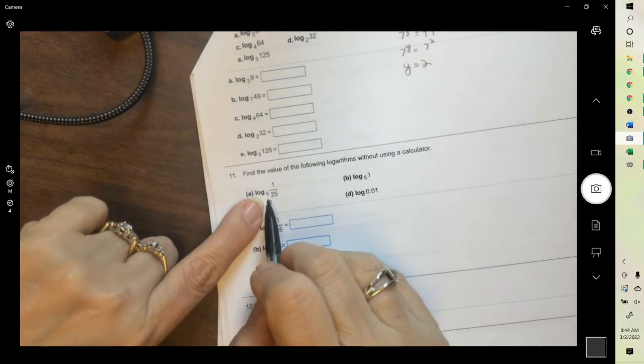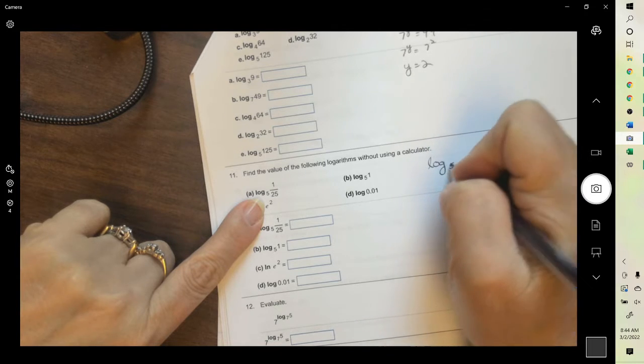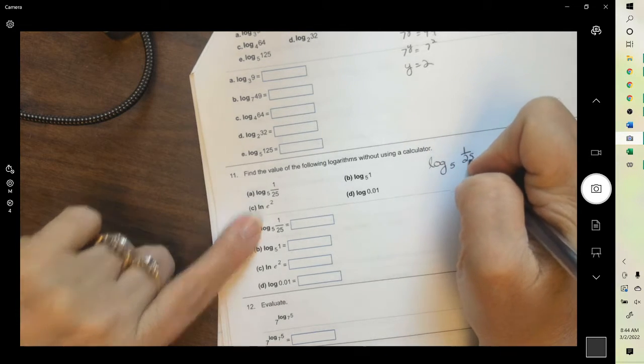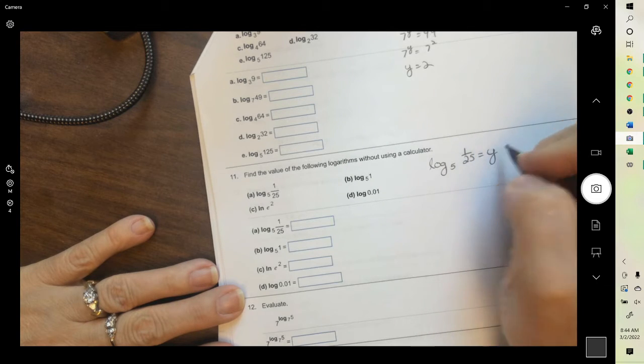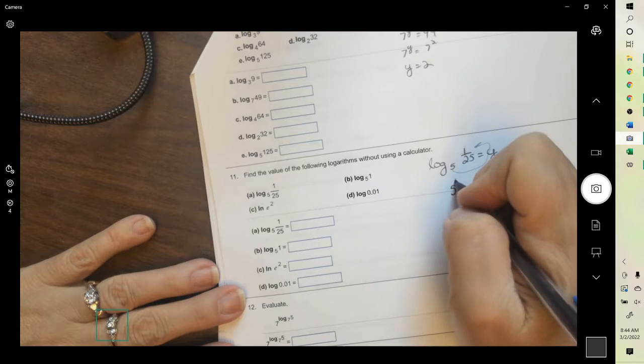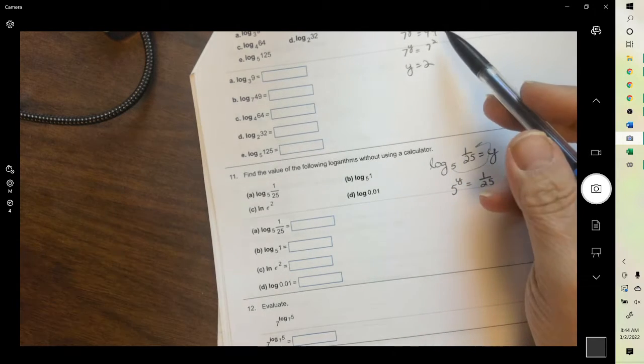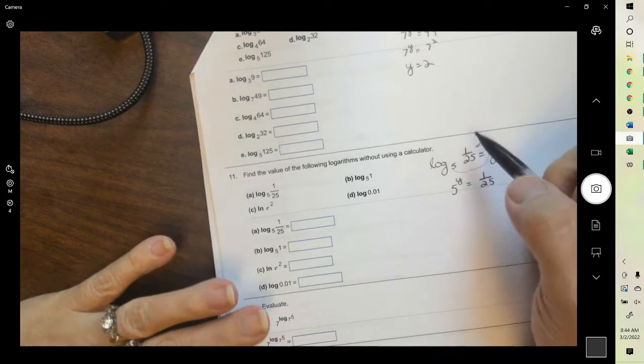This one. Log base 5 of 1 over 25. So start with the base and loop around. 5 to the y equals 1 over 25. Now just like this one, we need to get them the same base.